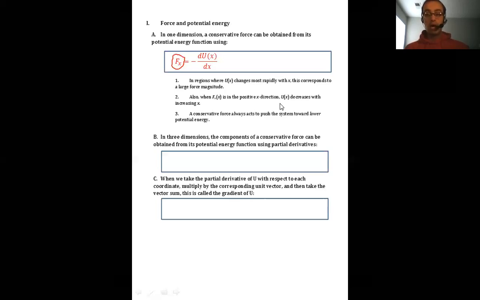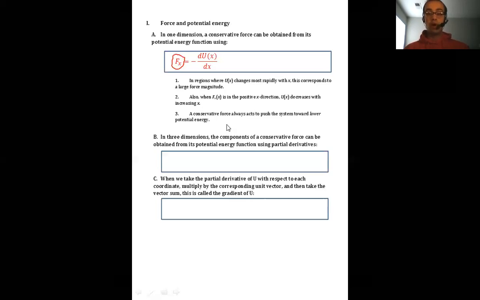You're getting a transfer of potential energy into kinetic energy or some other kind of energy, and this means that your force is positive. So again, to rephrase that, when force is in the positive direction, the potential energy will decrease with increasing x.